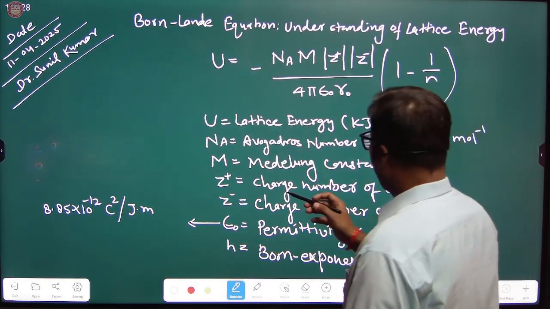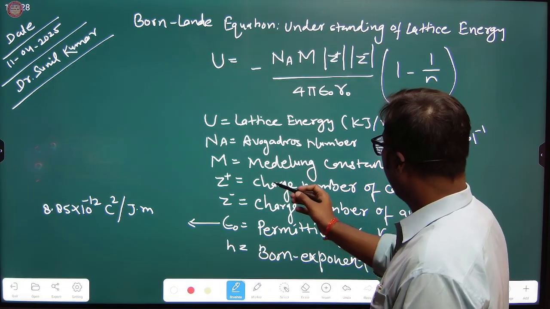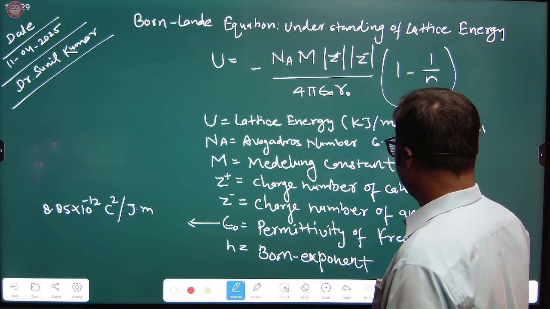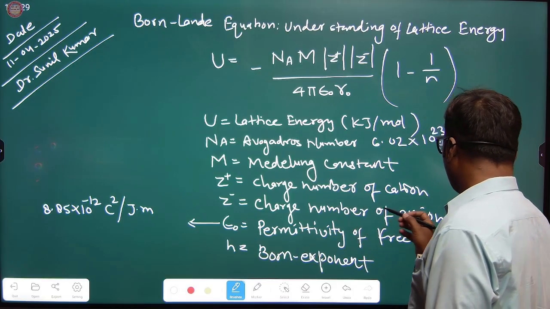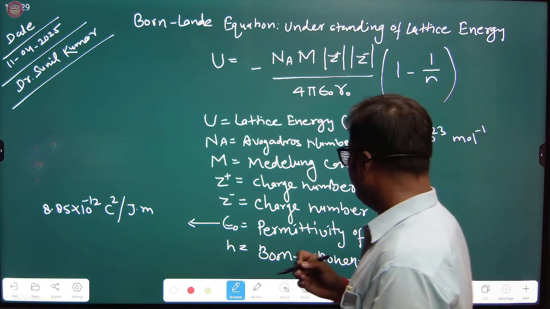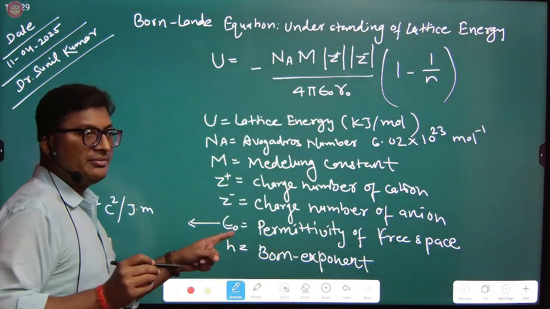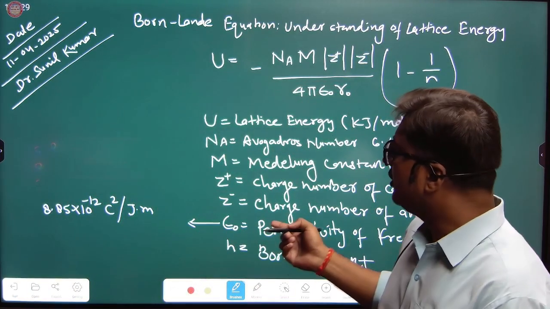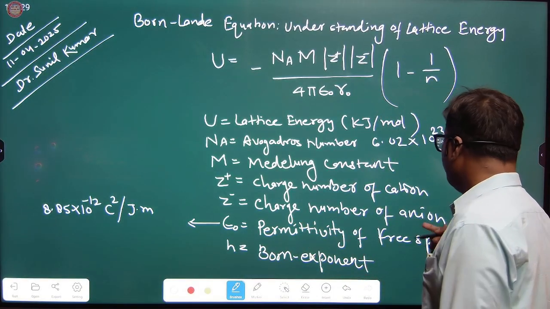And the next parameter is Z plus and Z minus. Z plus is the charge number of the cations, and Z minus is the charge number of the anions of the ionic solids. The next parameter is epsilon 0, which we call the permittivity of free space.